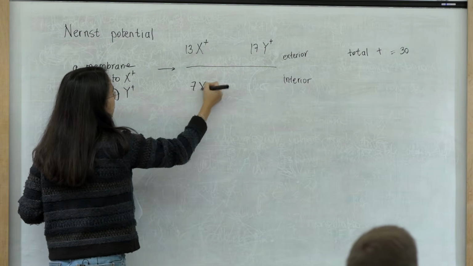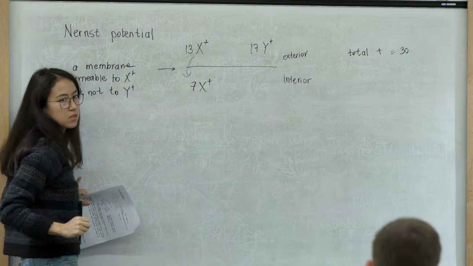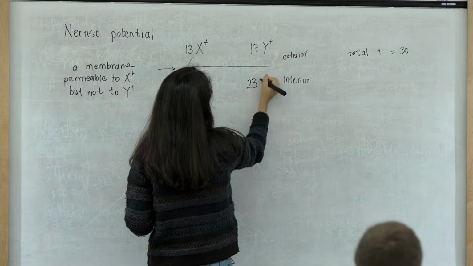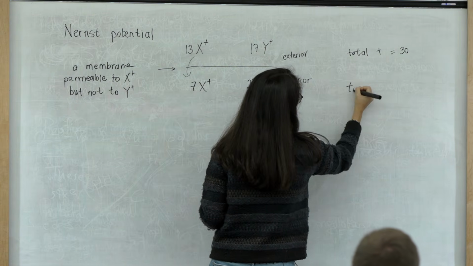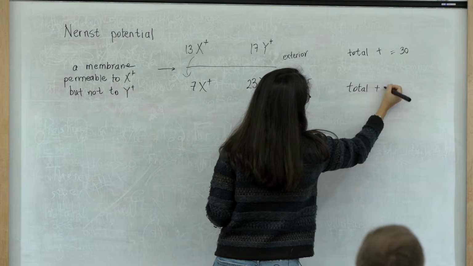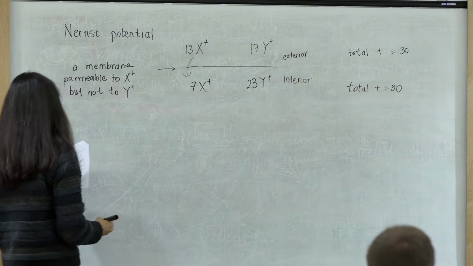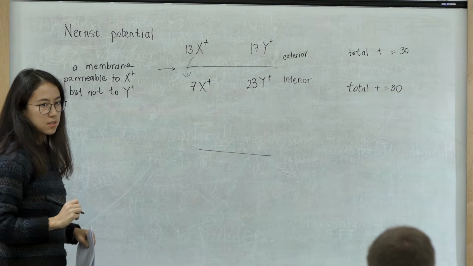If I tell you I have X plus 7 of them, this is trying to move in this direction, right? And I will tell you that we have 23 Y plus here. So in the interior of the cell, we also have 30 positive charges, right?